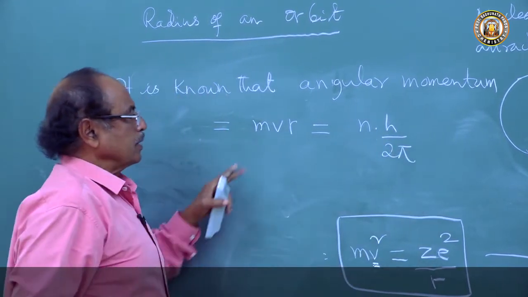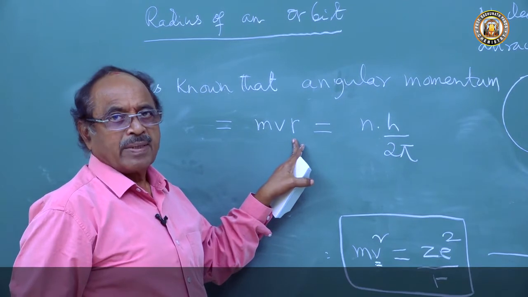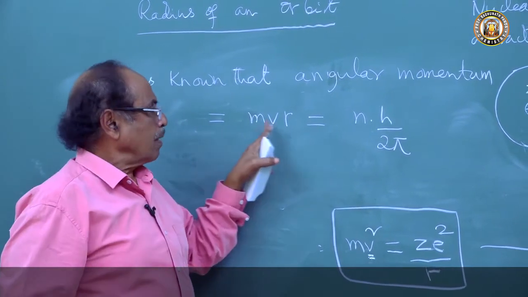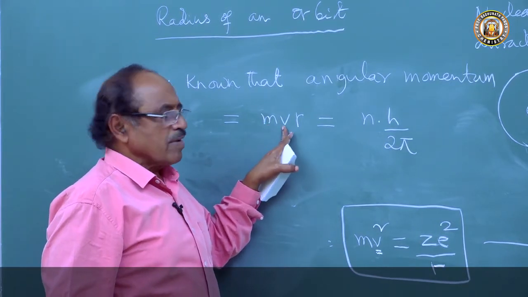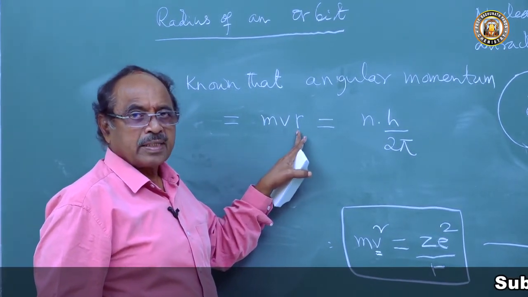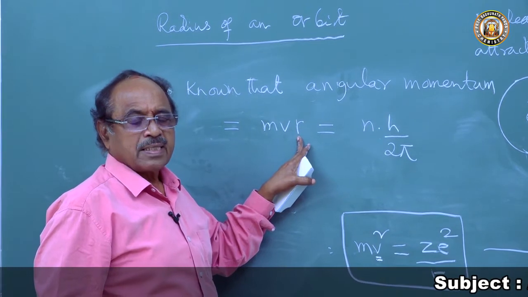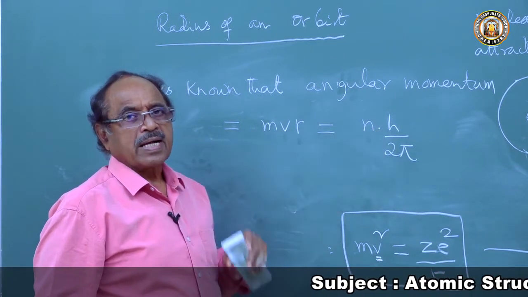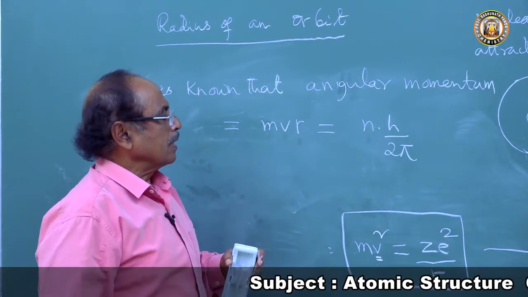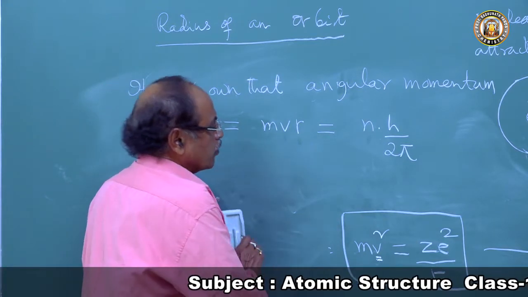This is known to us. mvr is the angular momentum in circular motion, where m is the mass of the particle, v is the velocity of the particle, r is the radius of the orbit, n is the principal quantum number, and h is Planck's constant. So mvr is equal to n into h by 2 pi.